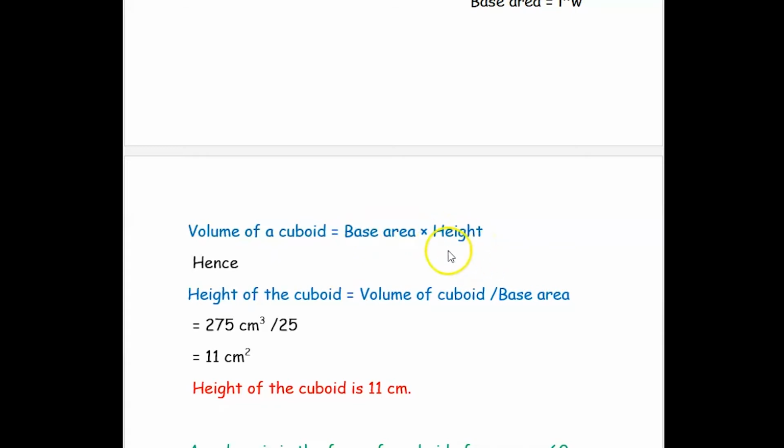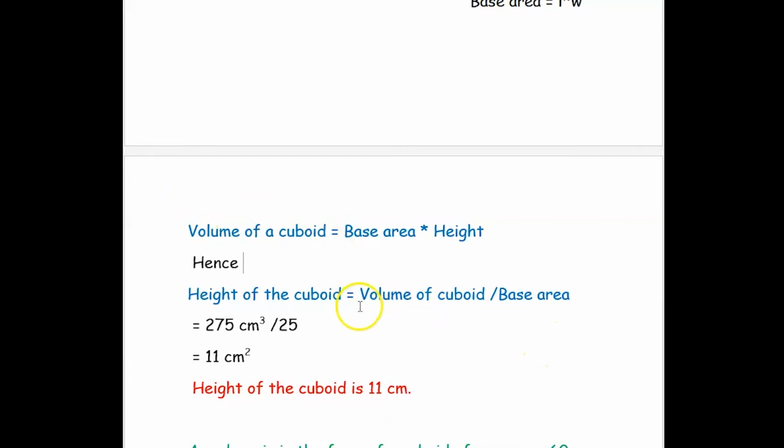So base area multiplied with height gives the volume of the cuboid, that is the space occupied. If you rearrange this formula, the height of the cuboid is equal to the volume of the cuboid divided by base area. We are dividing by base area on both sides.